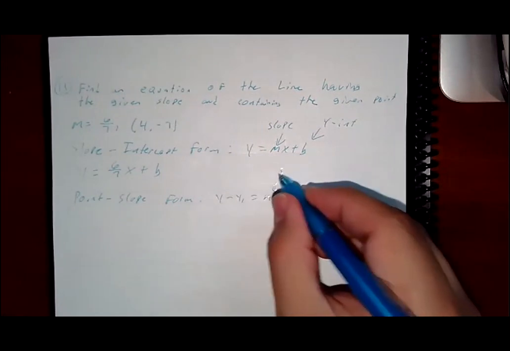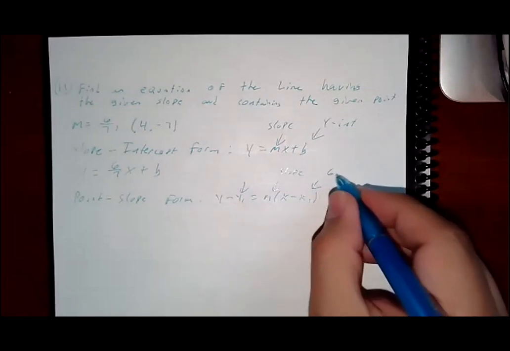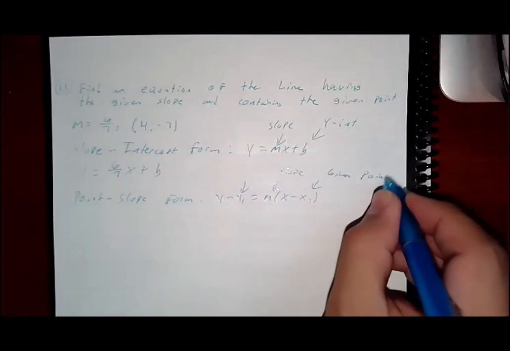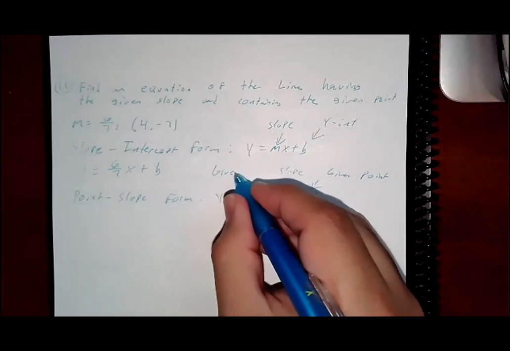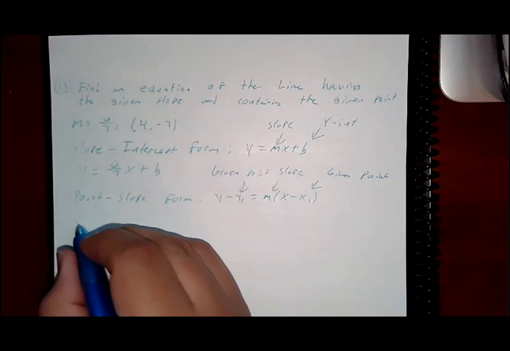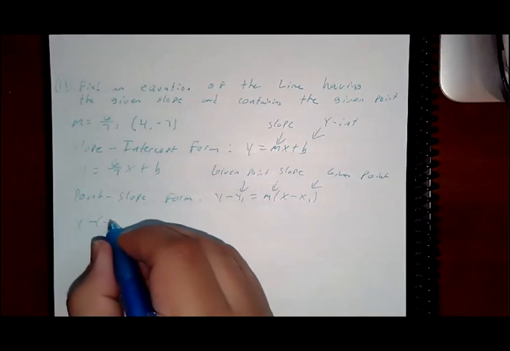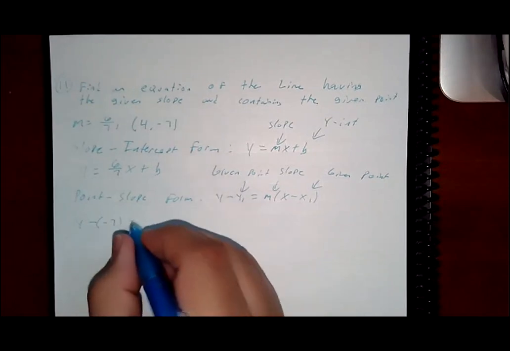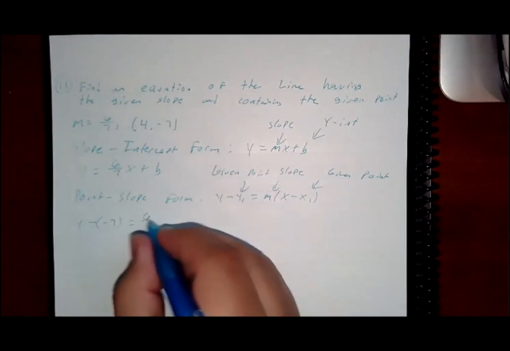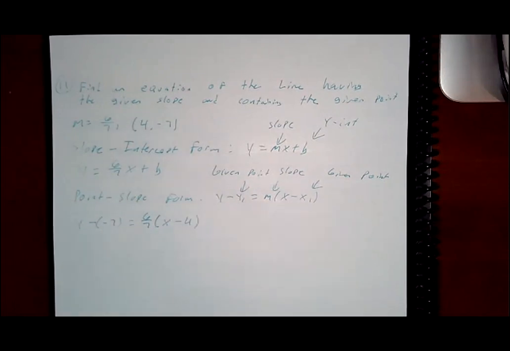So this is the slope, and this is the given point. So they gave us 4, -7, and if I use this, it'll be y minus the y value they gave us, -7, equal to 6/7 times x minus the x value they gave us.